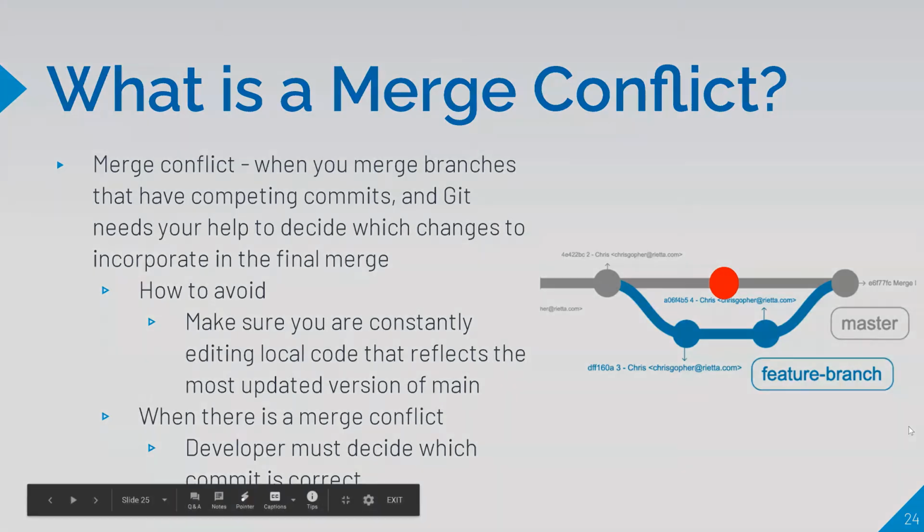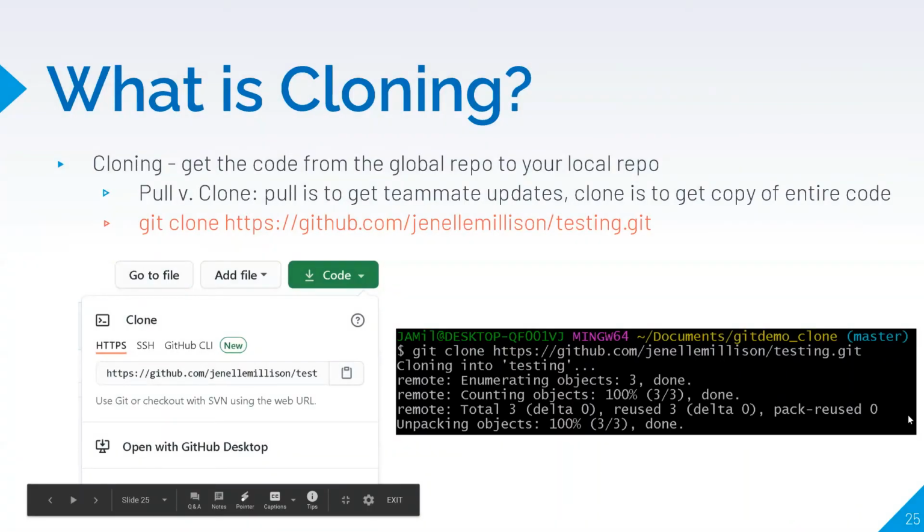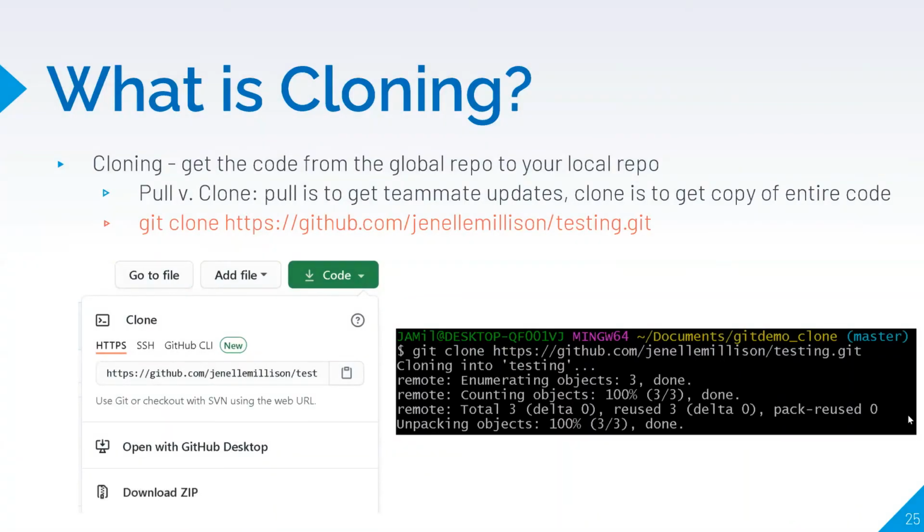All right, the last thing before we get into our demo is cloning. So what is cloning? I put this last because let's say this whole presentation, you've been at dinner and your team has been working and they got their GitHub repo set up and you're like, oh, okay, I'm ready to work. What do I do?